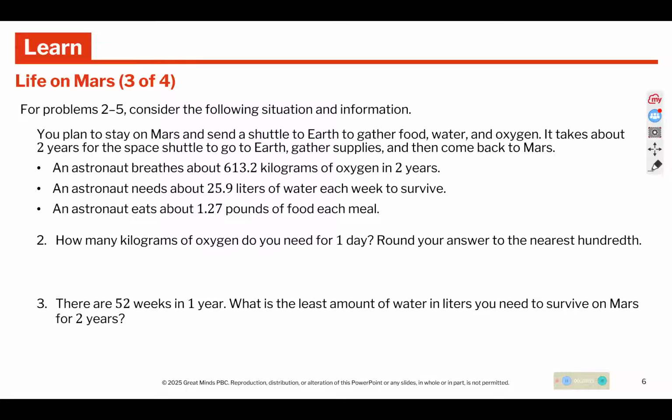So it told us how much oxygen they need for 2 years. Well, in a year, there are 365 days, and we have 2 years. 300 times 2 is 600. 60 times 2 is 120, and 5 times 2 is 10, so this would be 730 days.